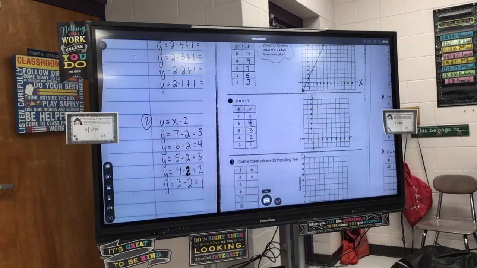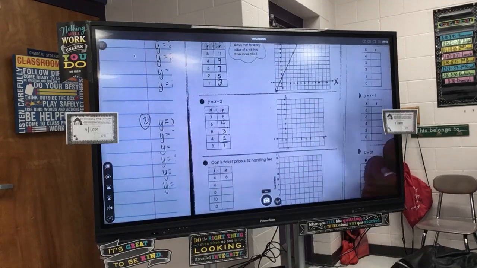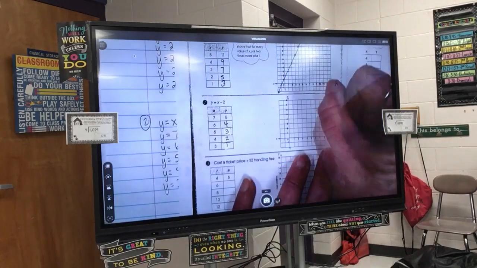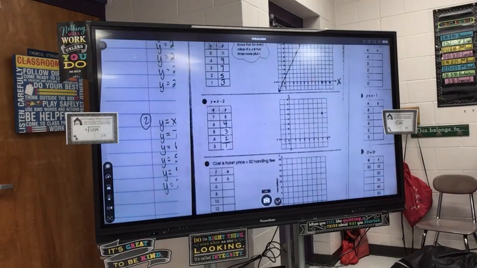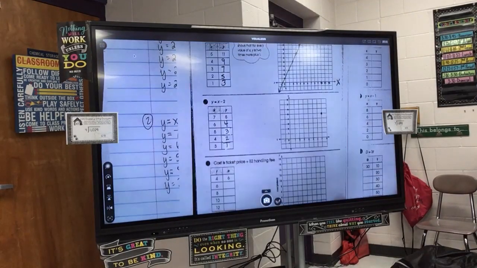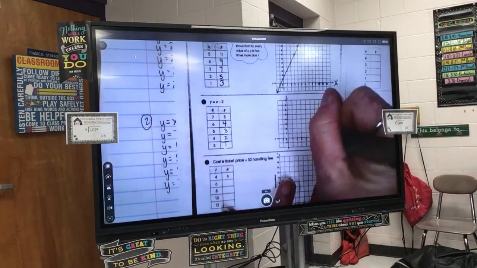Shh. All right, go ahead. Someone raise your hand and tell me, how am I graphing the first one? Christian? You're going to go to the right 7, up 5. Someone tell me how to graph the second one. You go to the right 6 and up 4.